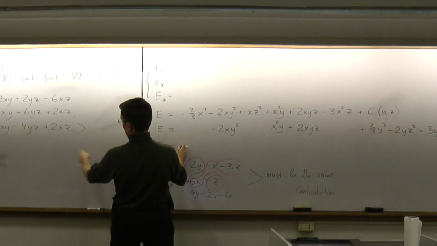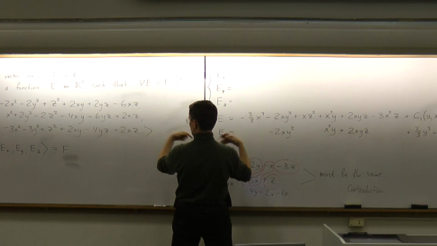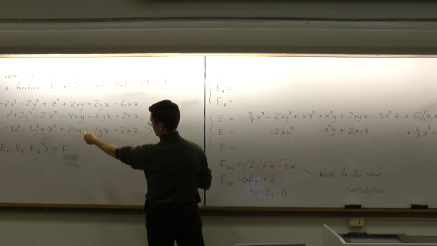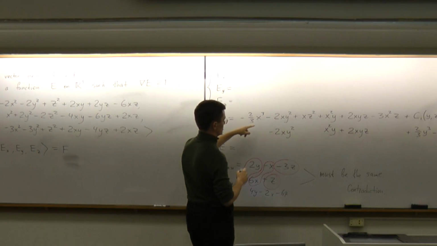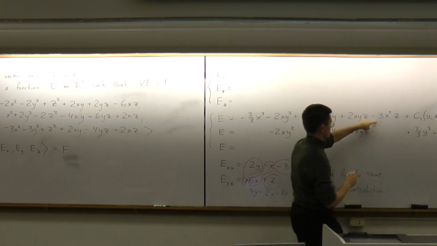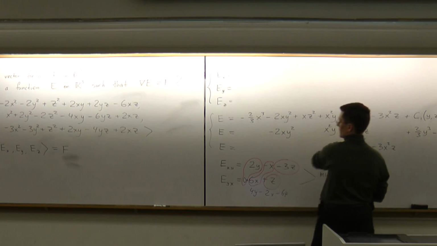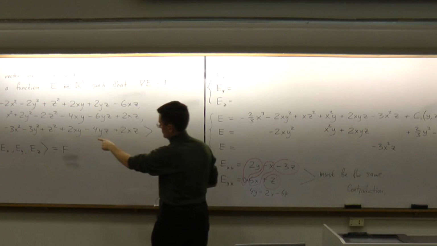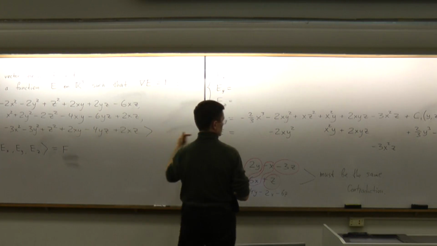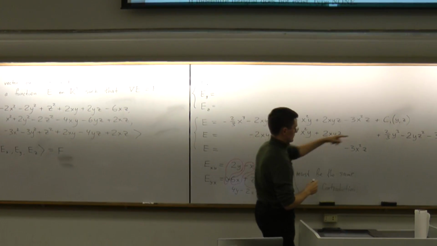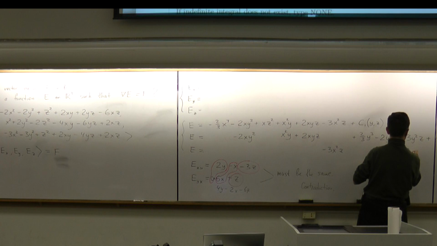The third equation, integral of the third with respect to z. So minus 3x squared z. It's there. Minus 3x squared z. Now, minus 3y squared z. It's there. Minus 3y squared z.